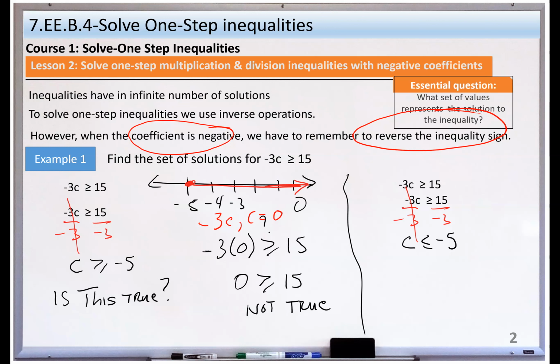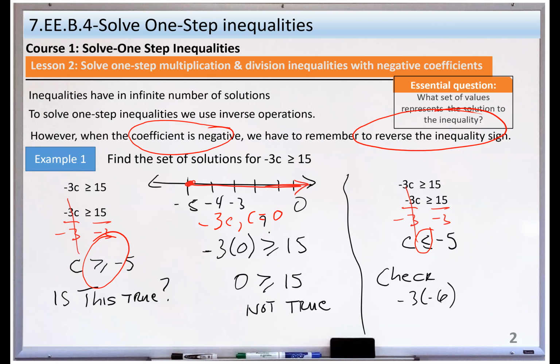Now my solution is any number less than or equal to negative 5, not greater than or equal to negative 5, because that's the inverse.